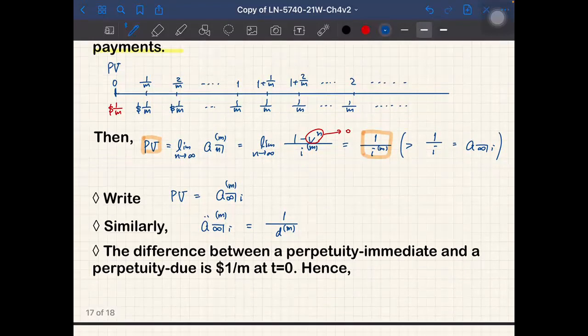So a double dot infinity angle superscript m is 1 over m plus a angle infinity superscript m. For the usual annuity, the difference between the perpetuity immediate and the perpetuity due is $1, but here the difference is only 1 over m dollar.